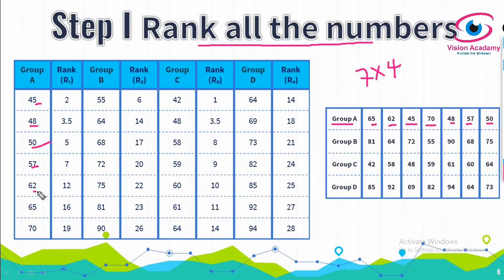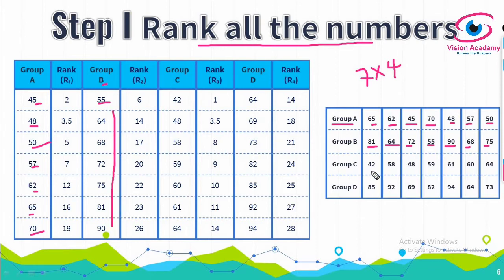For the second group I have taken the same manner. The first smallest element is 55, thereafter 64, and thereafter 68. After that 72, and after that 75. After that 81, and lastly 90. So I have taken them in ascending order only.